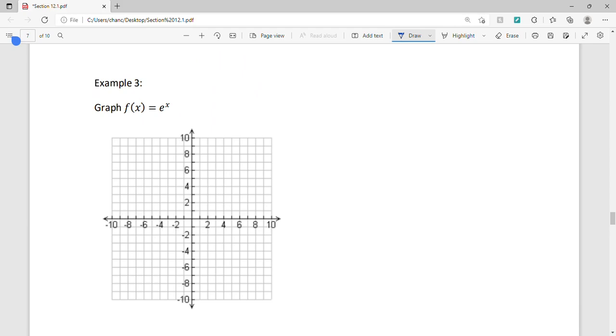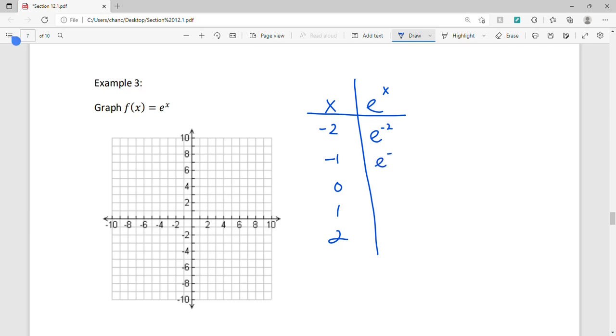In example 3, we will depend more on our calculator, so we'll enter these values in. Let's do negative 2, negative 1, 0, 1, and 2. I'll use my calculator to evaluate e to the negative 2, e to the negative 1, e to the 0, e to the 1, and e squared.